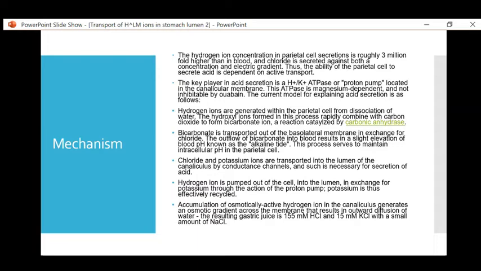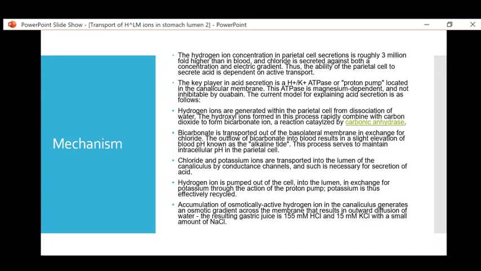Mechanism of the gastric proton pump. The key player in acid secretion is the hydrogen potassium ATPase, or the proton pump, located in the canalicular membrane. This ATPase is magnesium dependent and not inhibitable by ouabain.